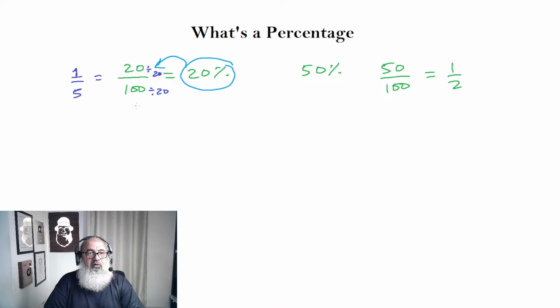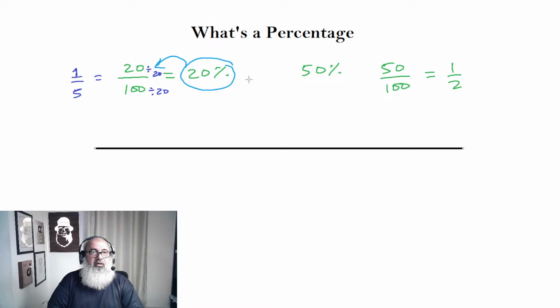Now let's draw a line here. If this is 0%, then here we have 10, 20, 30, 40, 50, 60, 70, 80, 90, and thank you for the likes, 100.